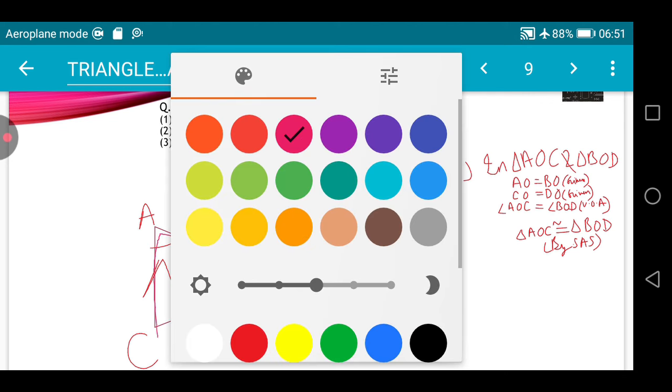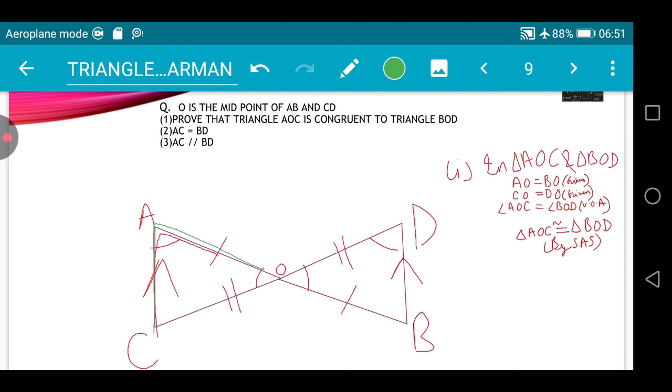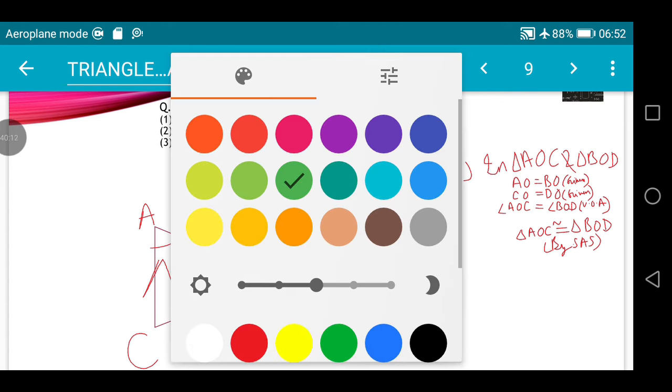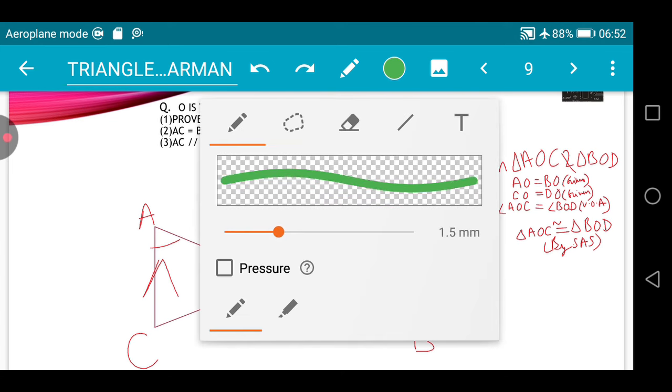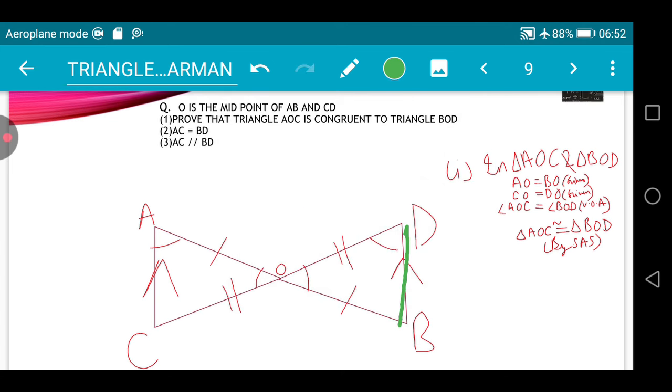What I am saying is that this is forming a Z angle, so this will be equal to this.